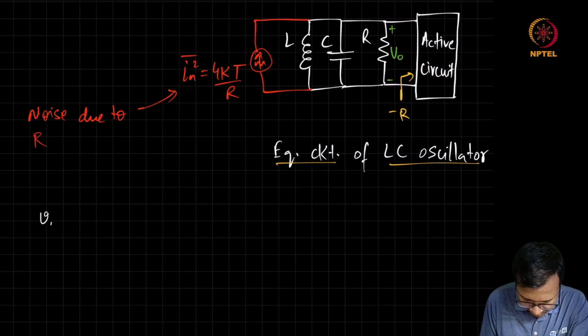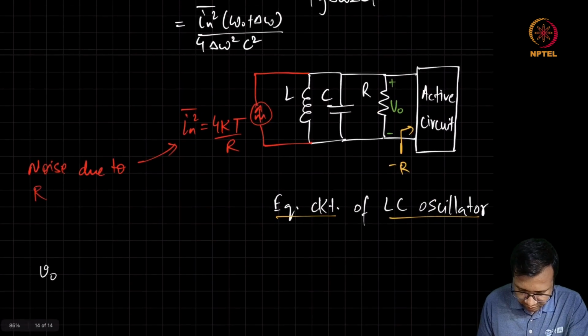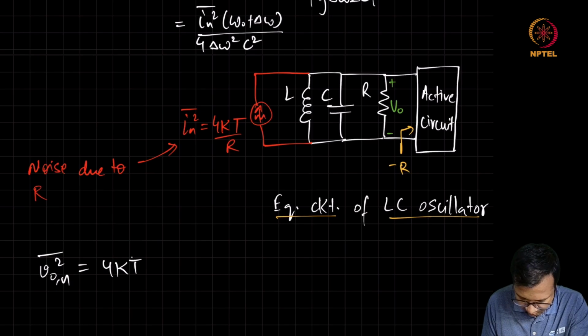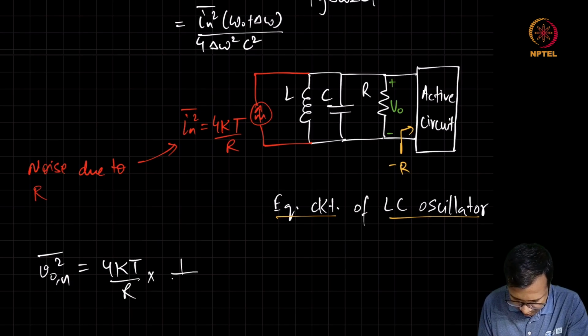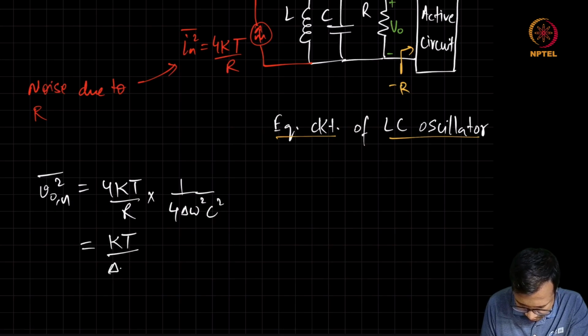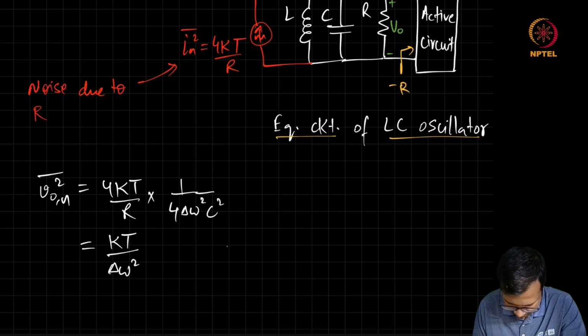Then we can find the output noise PSD to be equal to 4 kT by R into 1 by 4 delta omega square into C square. And this can be rewritten as kT by R delta omega square C square.